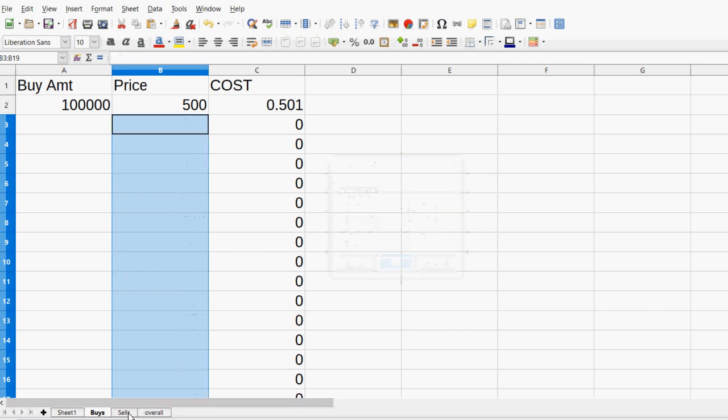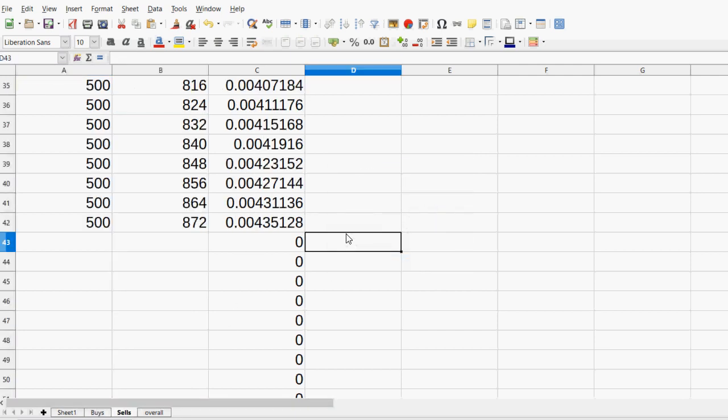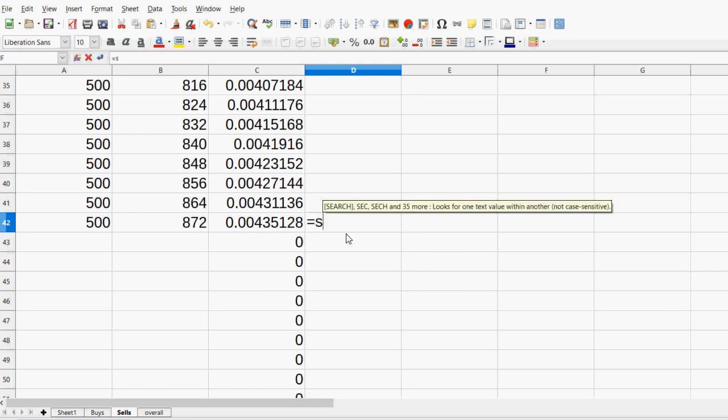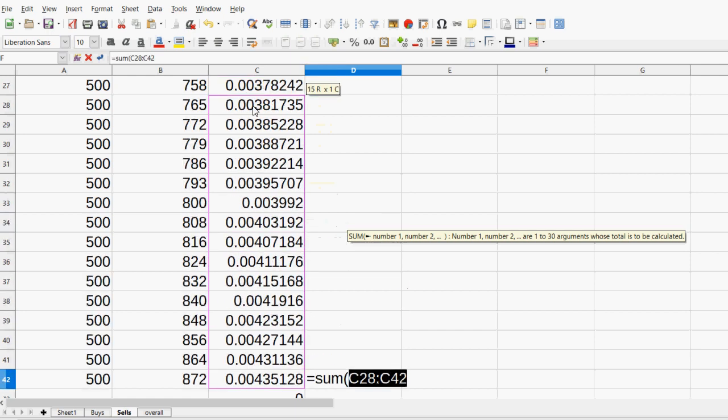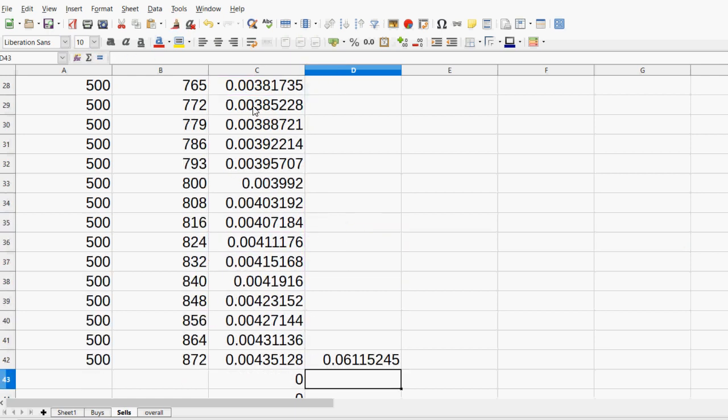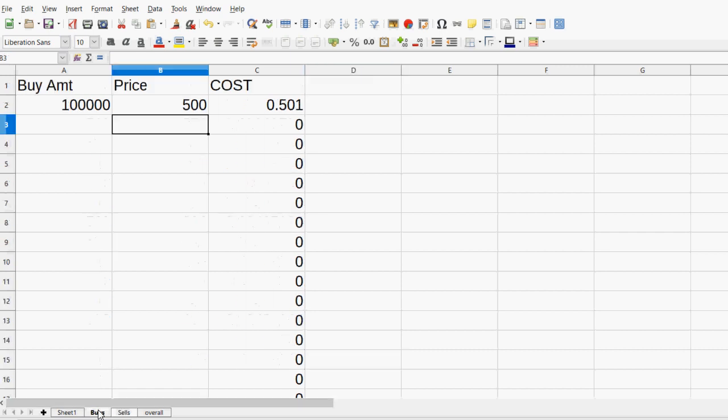So basically what I can do is I can take the sum of the last 15 amounts. It works out to about 0.06. So that's basically what I'd be looking to buy for about, is 0.06 worth. 15, well, 500 times 15 would work out to 7,500.